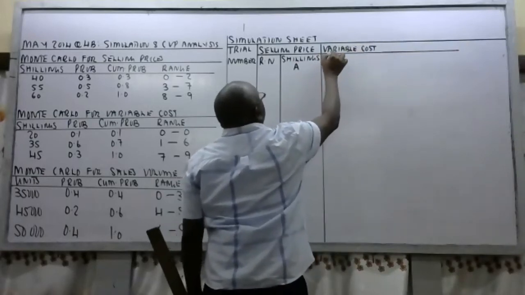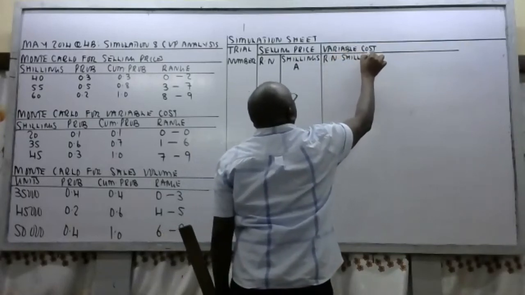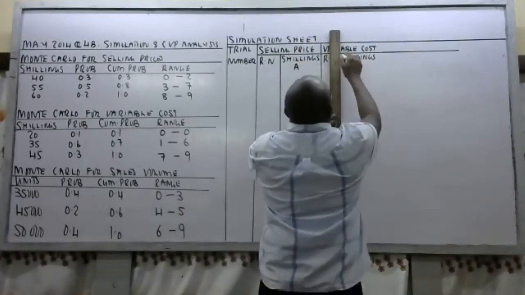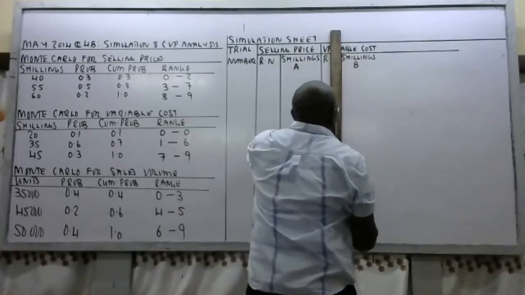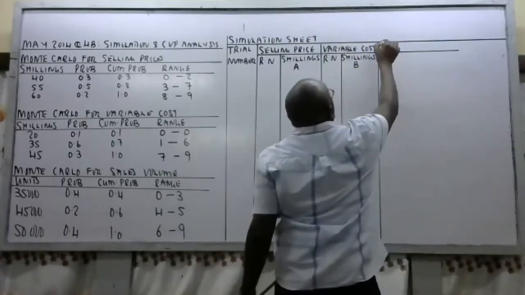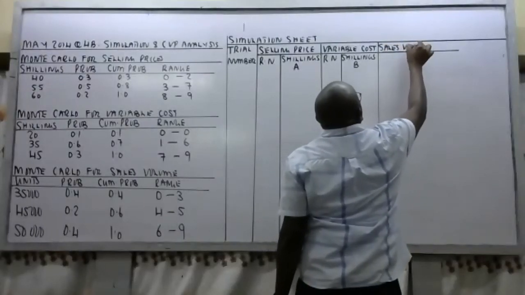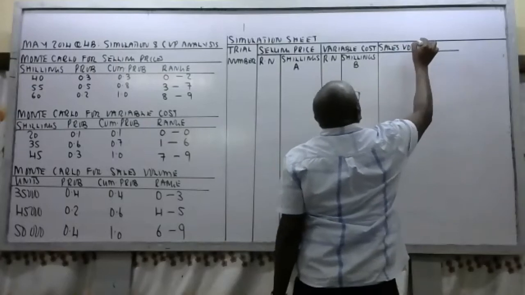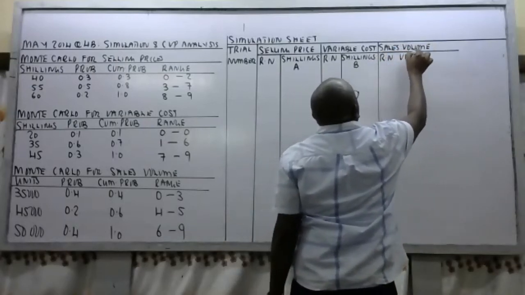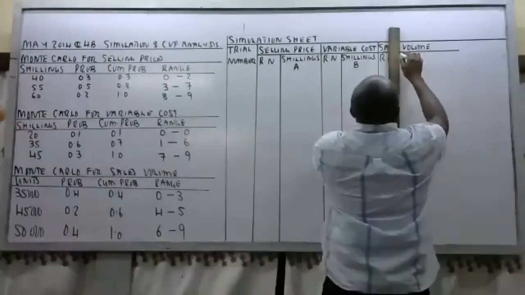Variable cost will be random number and then shillings. That one we call B. Then I will have sales volume. Sales volume is random number, and then I have units, which I want to call C.